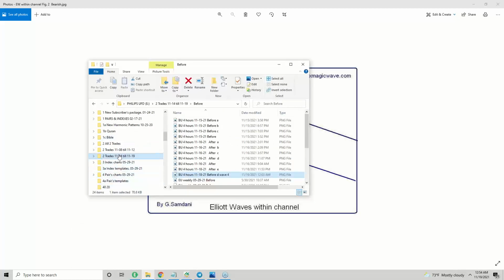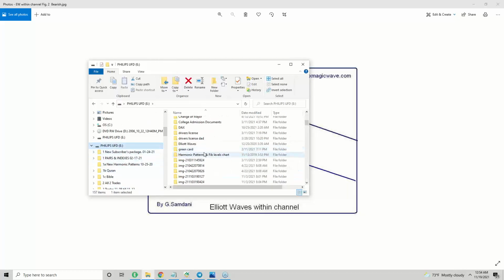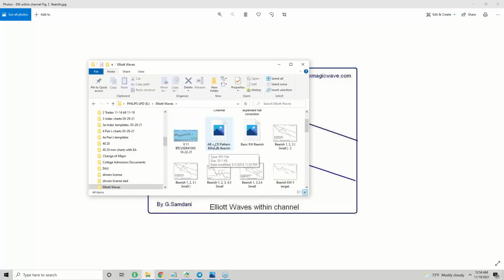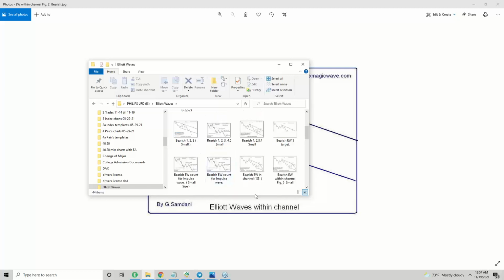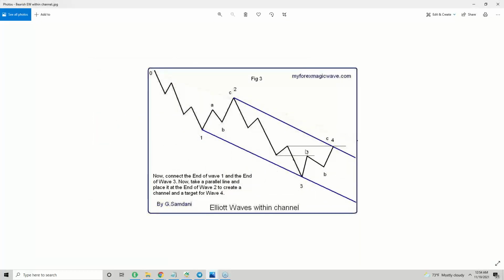For the wave 4 target, that's how it's going to be. It's supposed to go up like this: A, B, C after hitting wave 3 at 1.618.